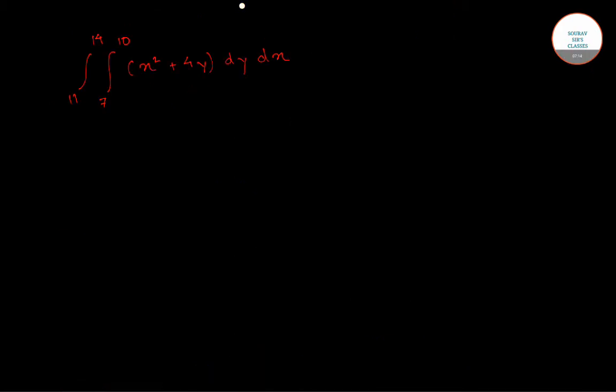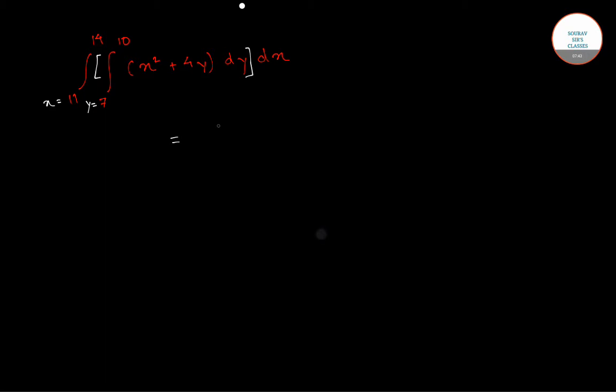Next, let us solve the following double integral. Here we have the integration with y going from 7 to 10, x going from 11 to 14, of x square plus 4y dy dx. Now first we would solve this part of the integration.